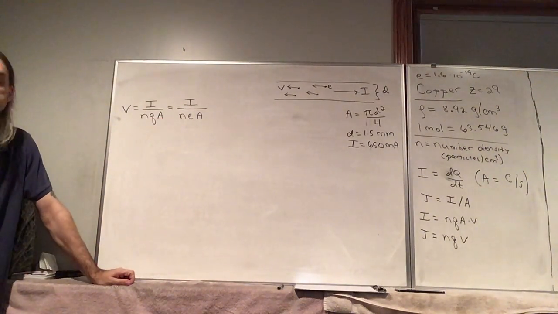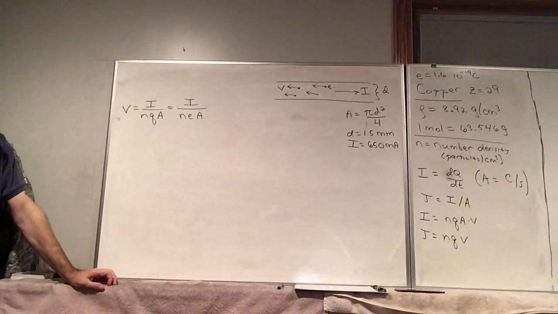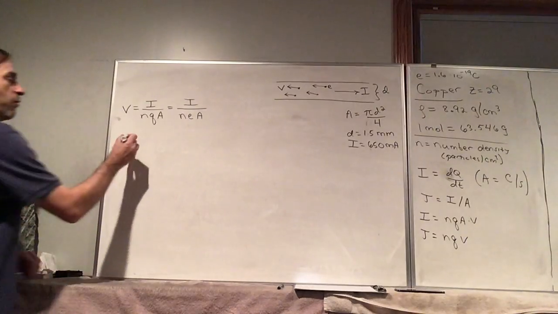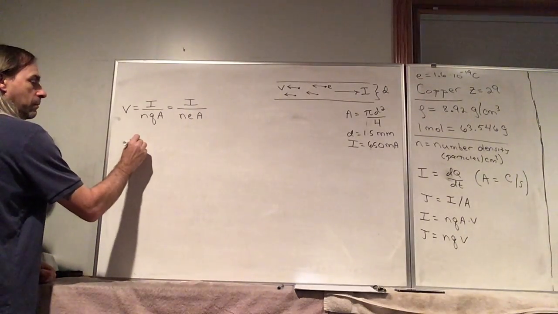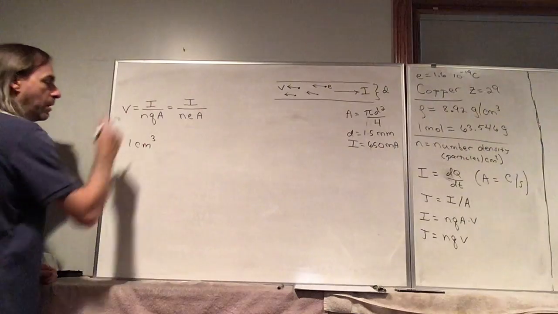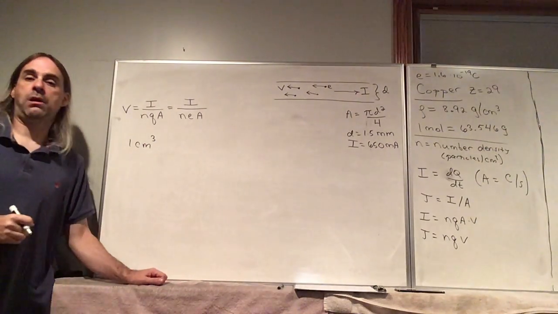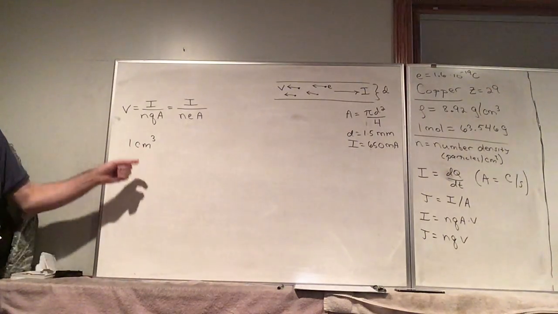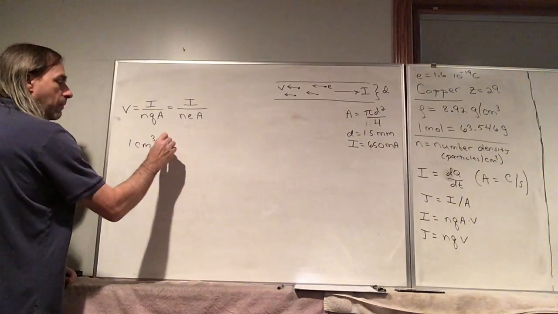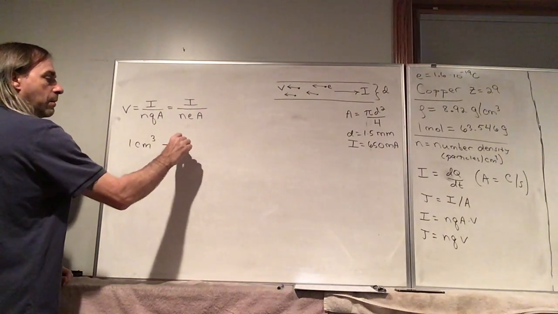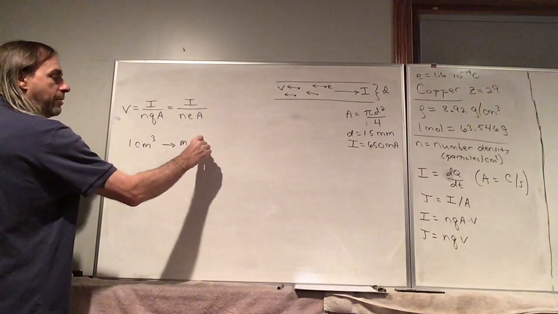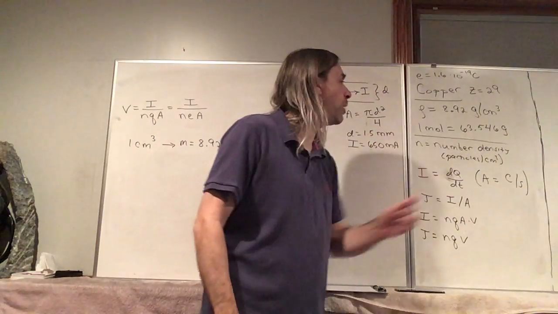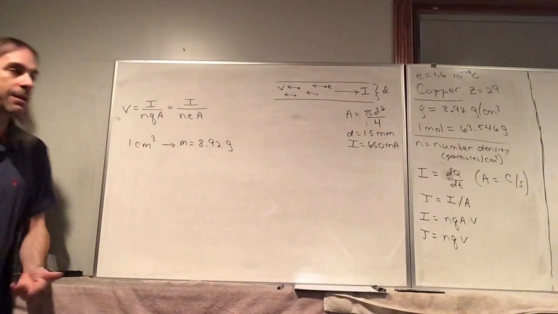What about n? Well, let's say we have 1 cubic centimeter. Just consider a volume of 1 cubic centimeter of copper. How many atoms will there be in 1 cubic centimeter? Well, the density is 8.92 grams per cubic centimeter.